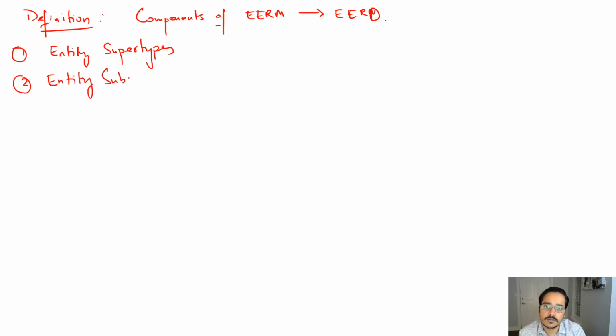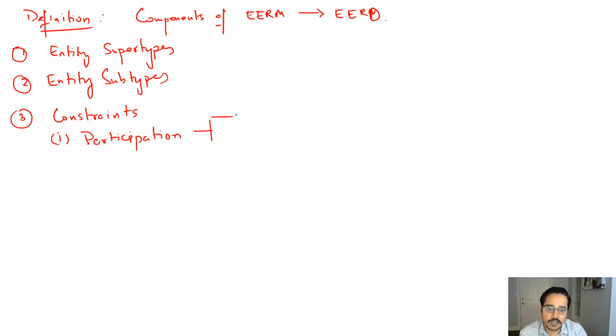Okay. In addition to that, we have constraints, and constraints are of two types. One is participation, and participation is again of two types, which could be partial or complete.